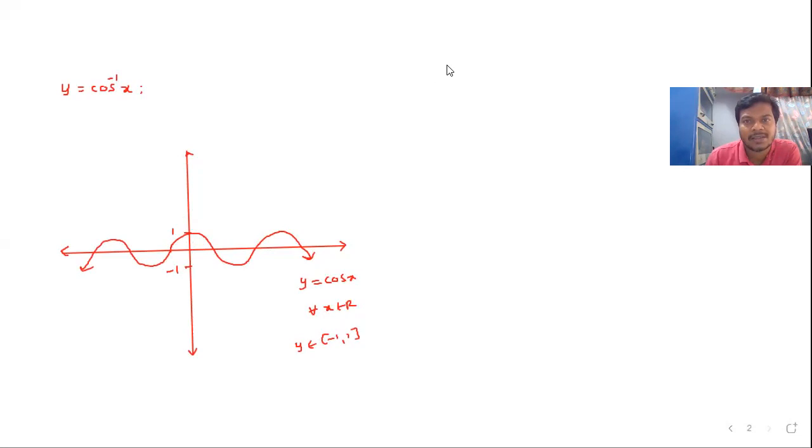Next, I am going to draw the symmetric graph of cos x about y equals x. Then what happens? Observe. The graph becomes like this.